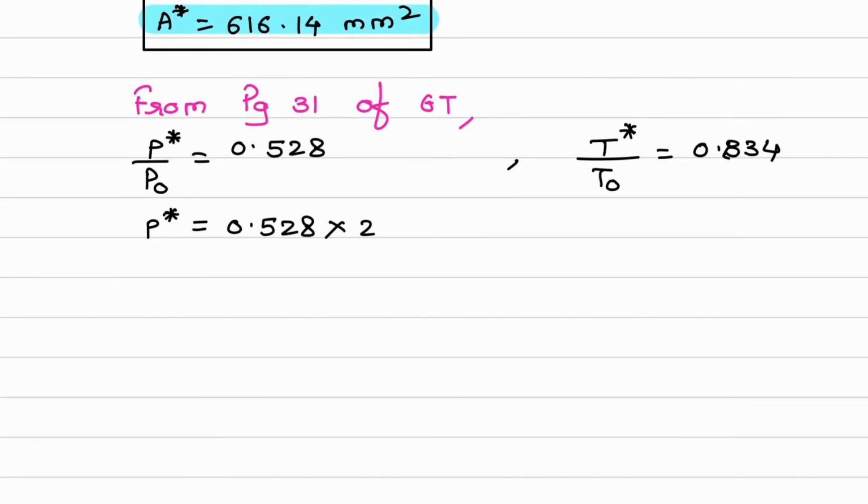So from here I can find the P star value. P star comes out to be 117.33 kilopascal. If you are considering 10 raised to 3 here, then there also it will be 10 raised to 3 and it will become Pascal. This is the P star value.